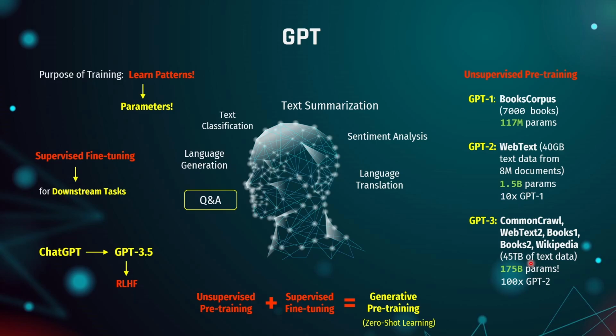Oftentimes, when we instruct ChatGPT to perform a particular task, we don't have to provide it with any examples at all, right? It still understands what we want.